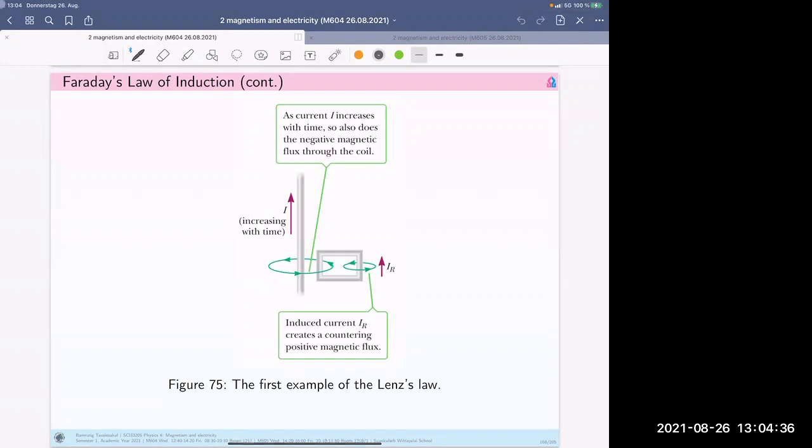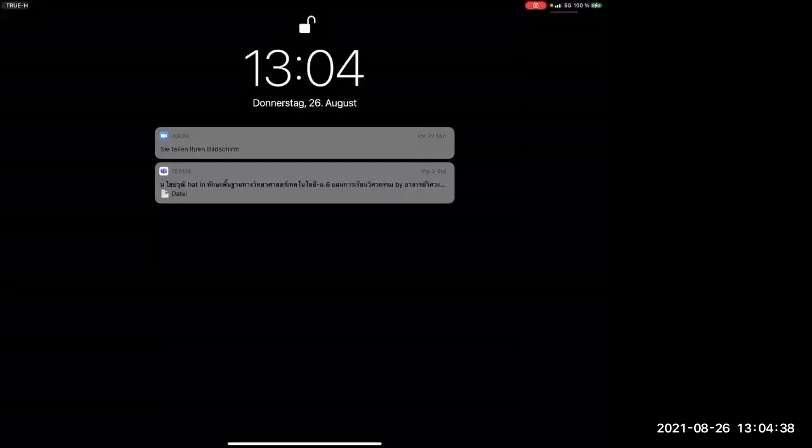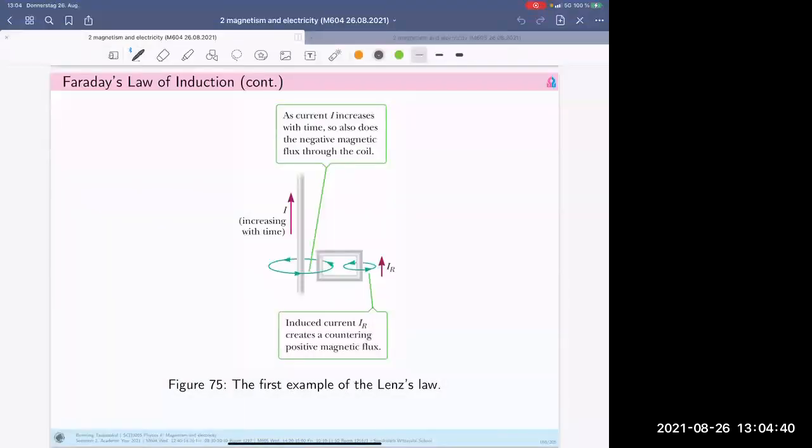That's what we could expect, again, even in a different situation. We don't have a permanent magnet, but we just use the principle of the induced current.